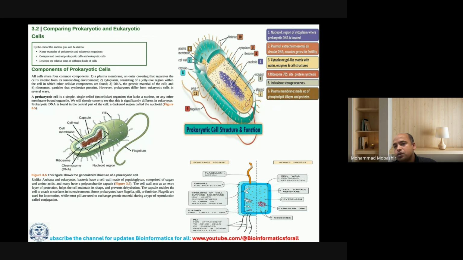Then ribosomes. Of course, I will discuss that there are different types of ribosomes. Here, 70S ribosomes are present, which are the site for protein synthesis. Inclusions, storage reserves, and the plasma membrane, which is made up of a phospholipid bilayer and proteins.